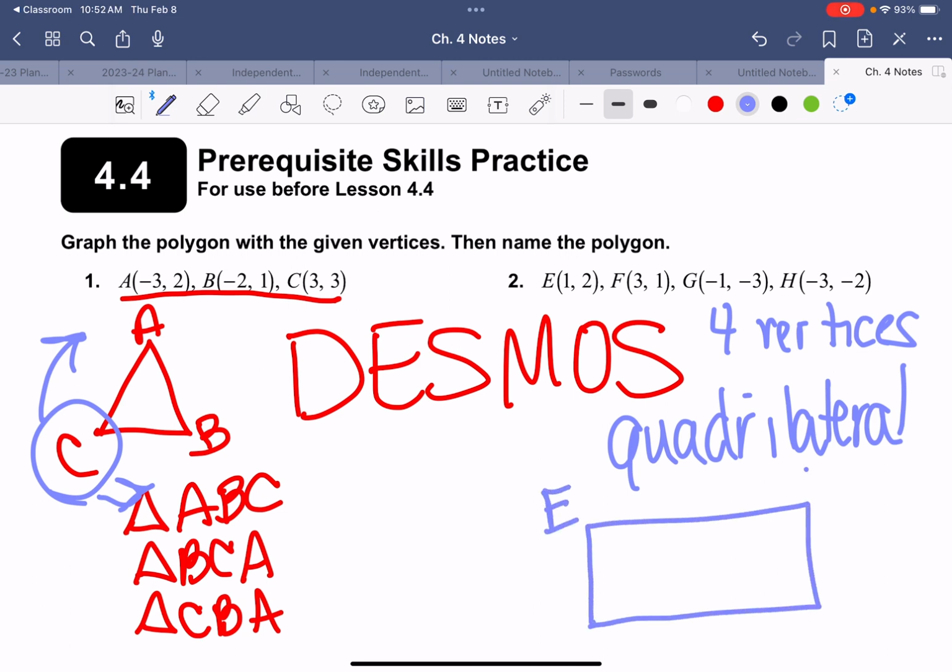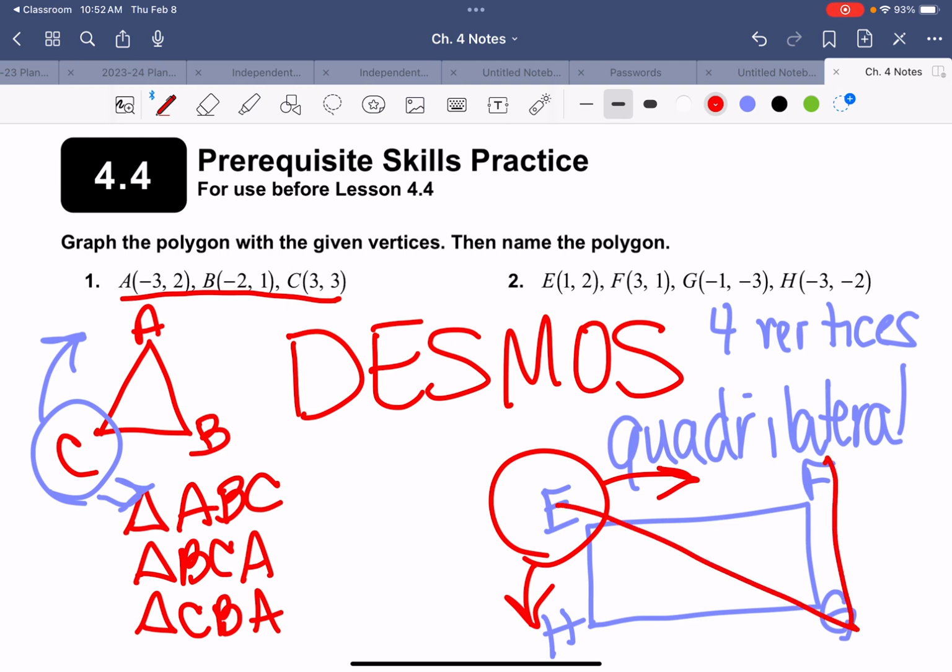So if it went like this, E, F, G, H, I have to pick a vertex to start with, and I have to go in order, either clockwise or counterclockwise. So I could name this one rectangle EFGH. I could name it FGHE, GHEF if I'm going clockwise, or I could have done EHGF. What you can't do is go E to G to F to H. Can't do that, okay? It has to go in order, either clockwise or counterclockwise.